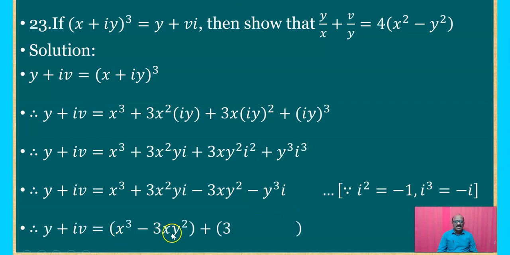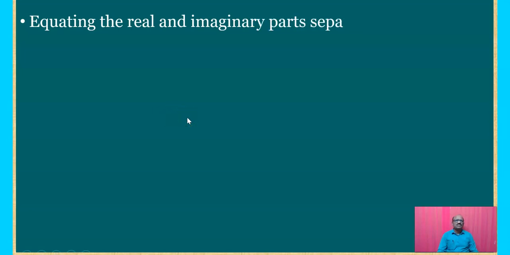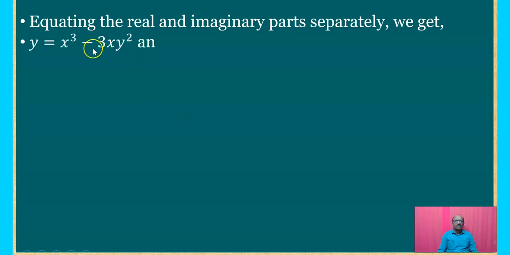x cube minus 3xy square plus (3x square y minus y cube) bracket complete into i. Take i as common from these two terms. Therefore, equating the real and the imaginary parts, we get u is equal to x cube minus 3xy square and v is equal to 3x square y minus y cube.